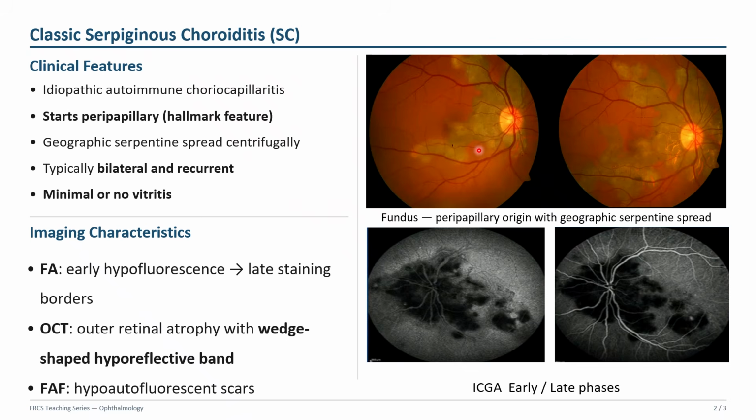And as I said, the characteristic feature in the ICG is that you will find areas of hypocyanescence present in the early stages of the ICG angiography, as well as persisting even in late stages. You see, there is no difference. There is no leakage here. This is suggestive of choroiditis, and is also associated with choroidal hypoperfusion.